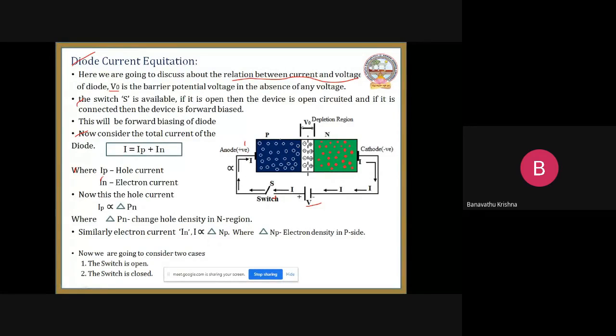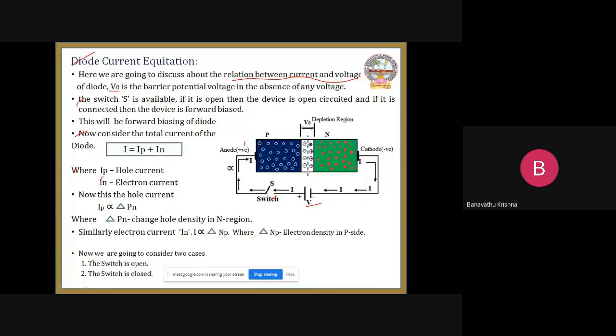So here the density is more, here the density is less. Why? Because the concentration of holes is more here, where the majority charge carriers are holes. They are moving towards this junction. The concentration is less here, where the minority charge carriers are holes. So the change in density is from high density to low density. So I_P is directly proportional to delta P_N. Similarly, I_N is the electron current.